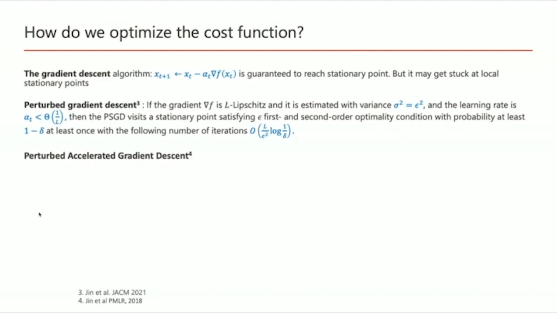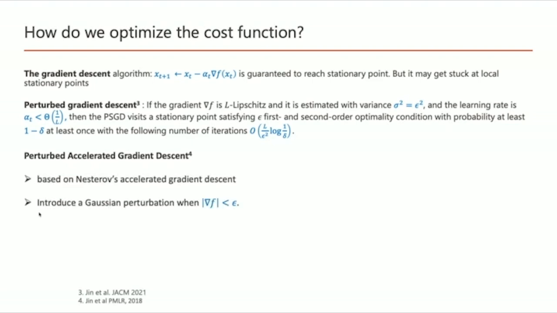Okay. Now, we also thought about another variant of this method. This is a bit like the momentum method, and in the machine learning community this is called accelerated gradient descent. This is based on the momentum method, but then you introduce some Gaussian perturbations when you feel like you're getting stuck. You also want to introduce a negative curvature condition and to further explore.